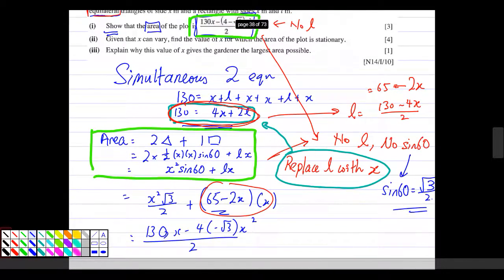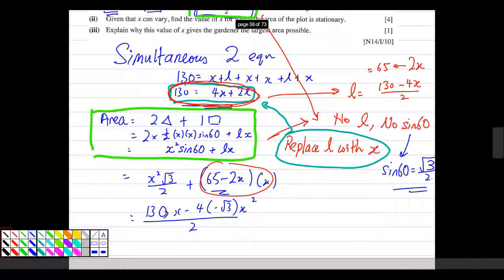Which one? This one? You expand lah. You expand this will be 130 minus 2x squared. Then you make it into one fraction. So you see 130x come out. Rearrange. Then you get this. Okay? Now, so this is your part A.